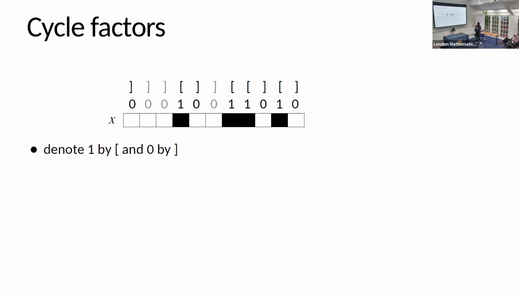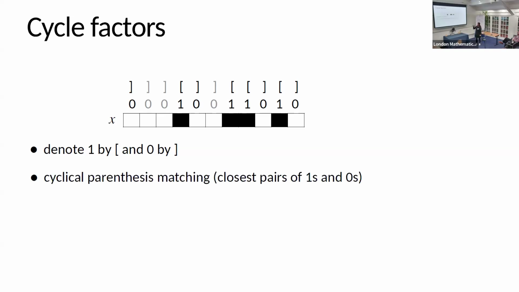Okay, so once we have these ones and zeros, we represent 1 by the opening parenthesis and 0 by the closing parenthesis. And what we do is the cyclical parenthesis matching. We just match the closest pairs of ones and zeros together. So for example, this 1 and 0 will be matched. These 1 and 0 are matched. This 1 and 0, and as I said, it's a cyclical matching, so this one with the first 0. Okay.